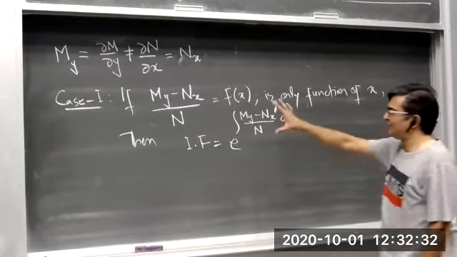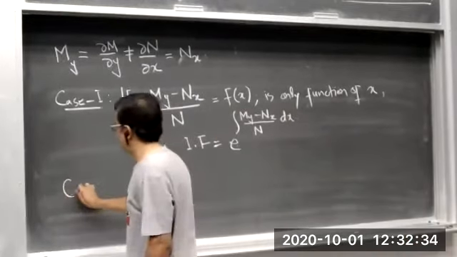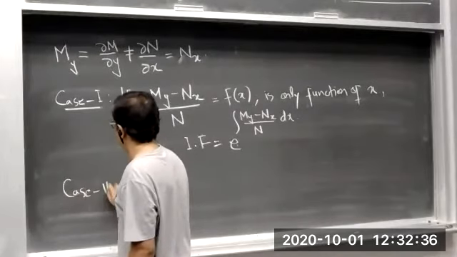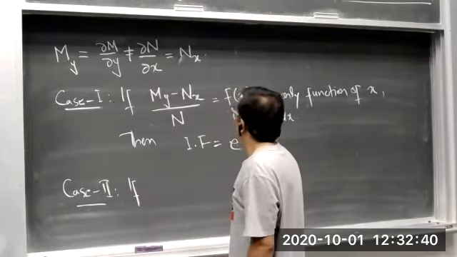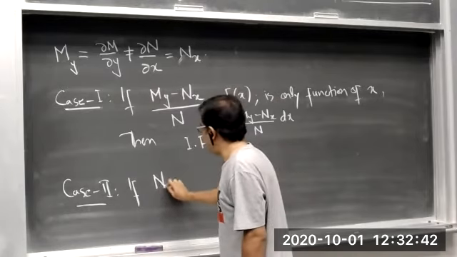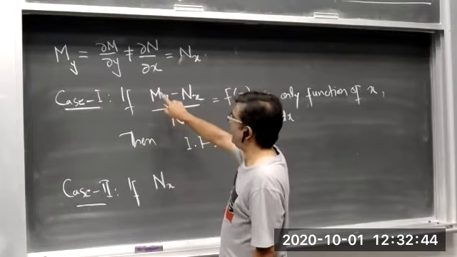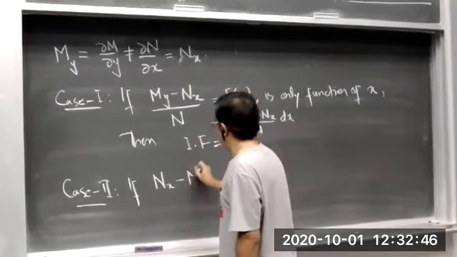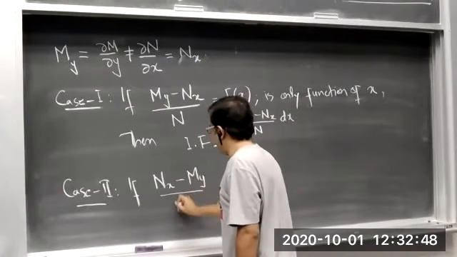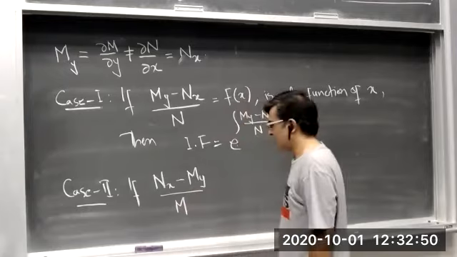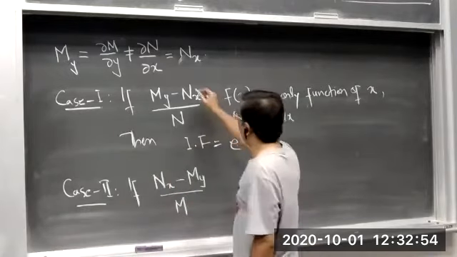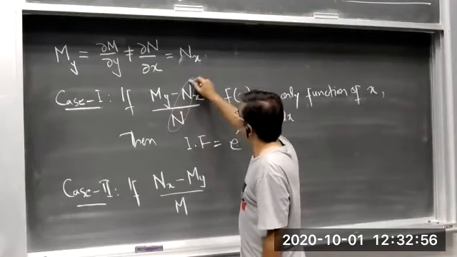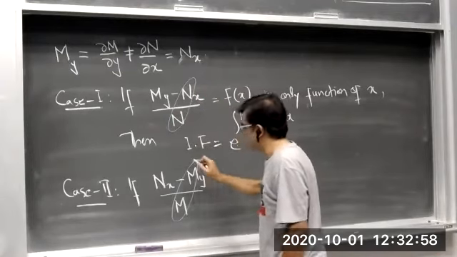If this is the case, the second case is case 2. If the quotient N_x minus M_y divided by M, अब आप इसको N_x पहले M_y बाद में ले लें, ठीक है, आप ये देखें कि आपने क्या चीज याद रखनी है कि यहाँ पे जो है ये दोनों सेम होने चाहिए. So M_y minus N_x divided by N and N_x minus M_y divided by M, ठीक है.